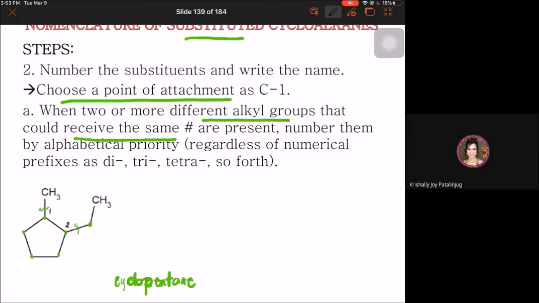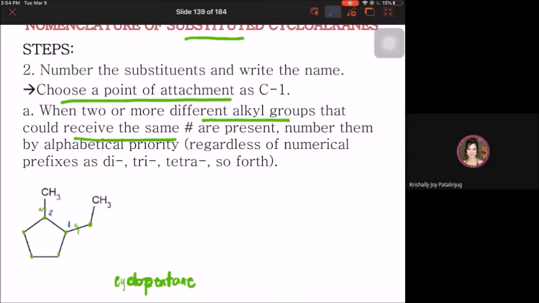Or vice versa, if you choose. So 1, 2 is our number. Or if this is your number 1, still 1 and 2 is the assignment we get for the alkyl groups or substituents.